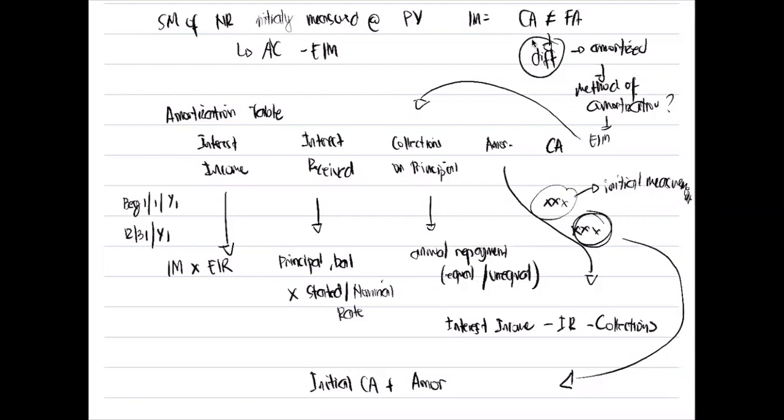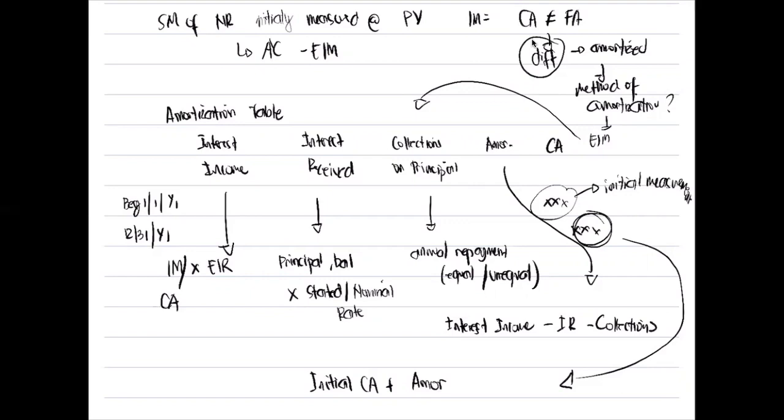Okay, so we have here your effective interest method. So we follow this amortization table. We have your interest income, interest received, collections on principal, amortization, and carrying amount. For interest income, it is computed by multiplying your initial measurement or your carrying amount to your effective interest rate. Your interest received is equal to your principal balance multiplied by your stated or nominal rate.